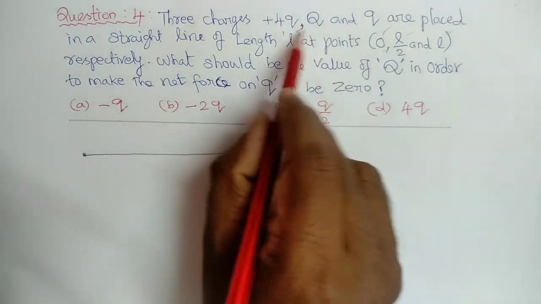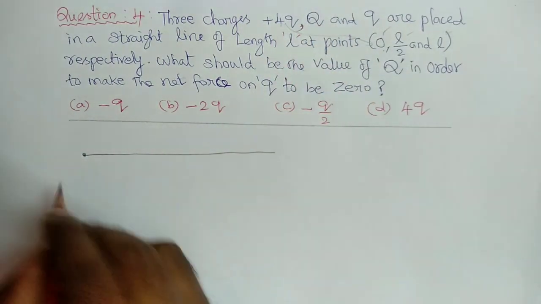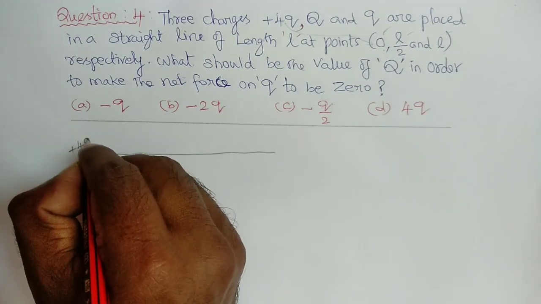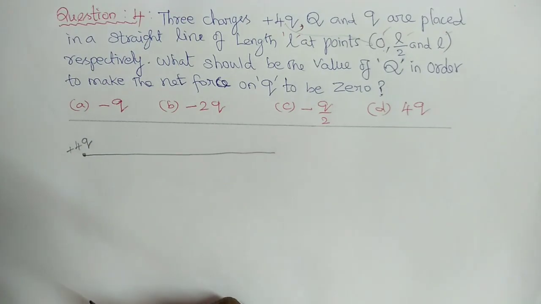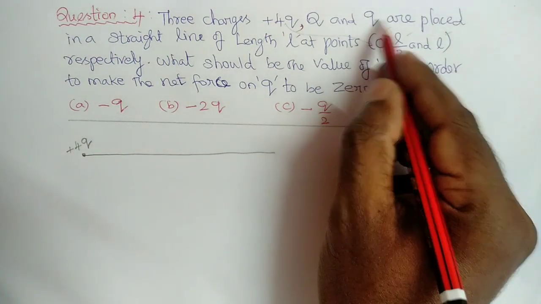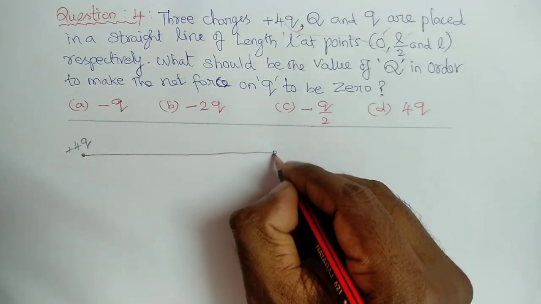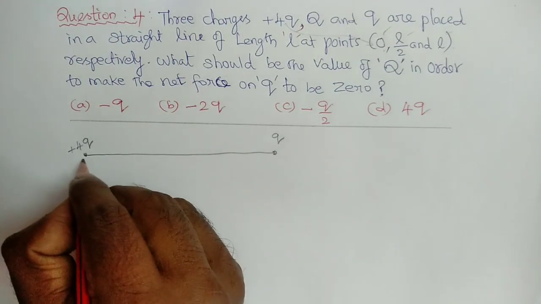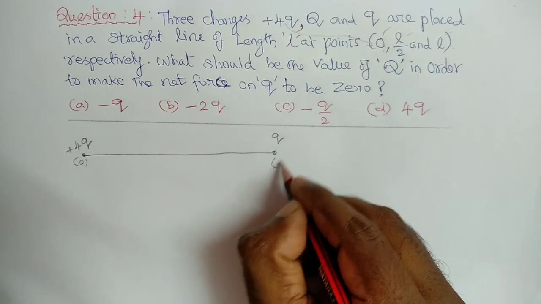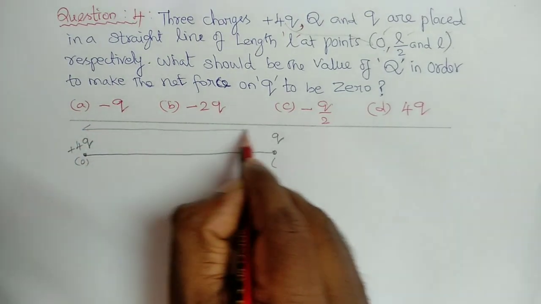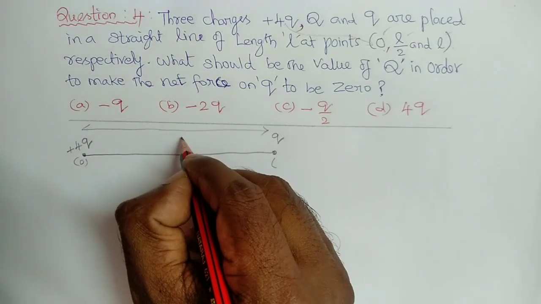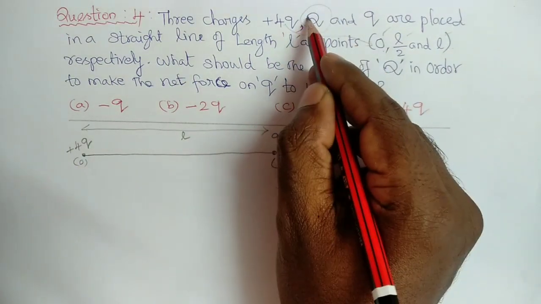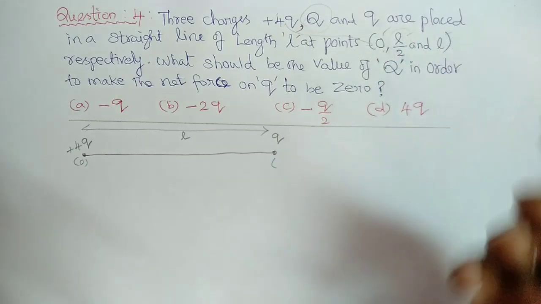So this 4Q is situated at position 0. So this is plus 4Q. Then a small q is at a position of L. So the distance between these two is equal to L. Then another charge, capital Q, is placed at exactly L by 2.